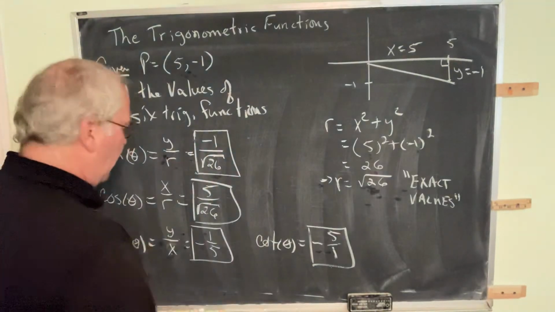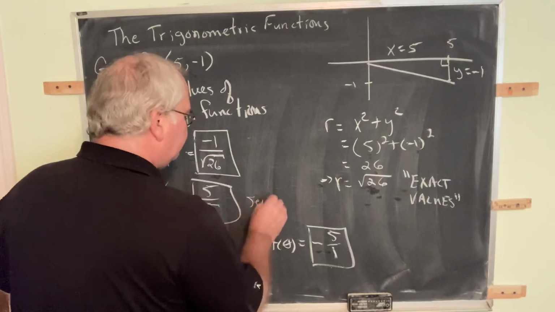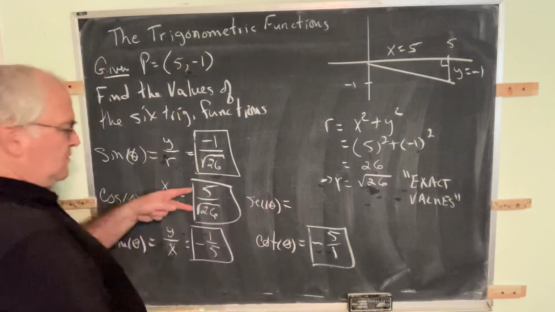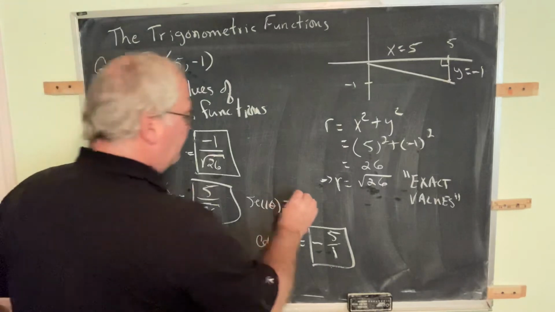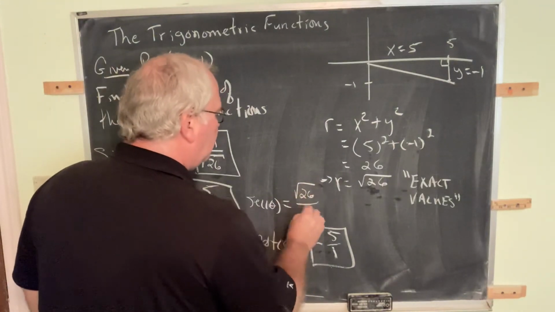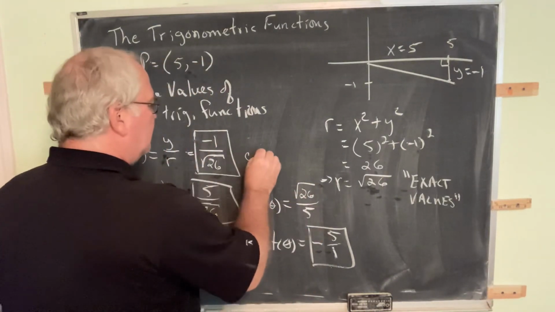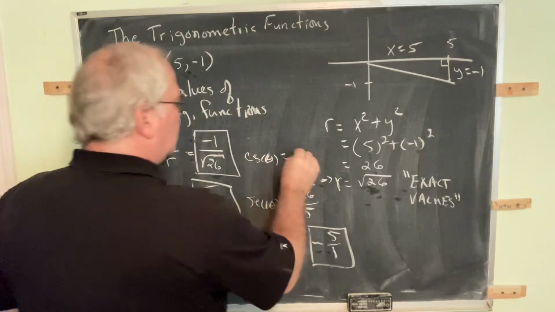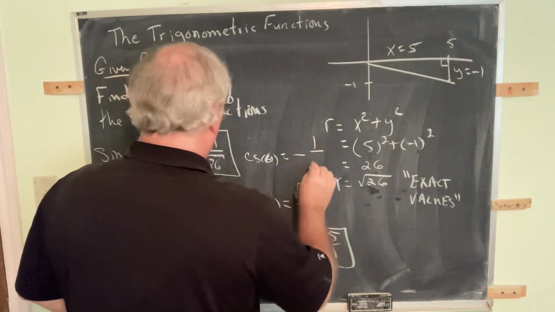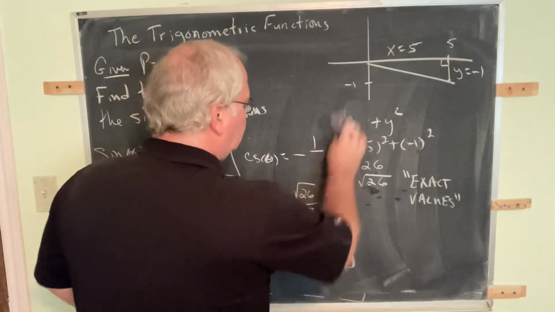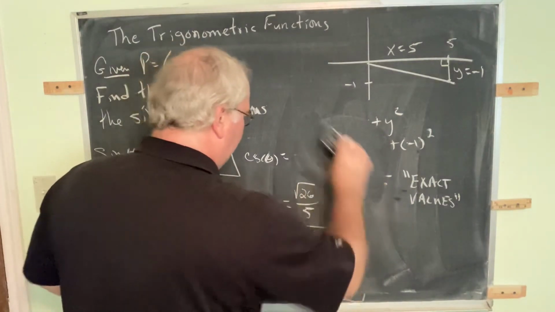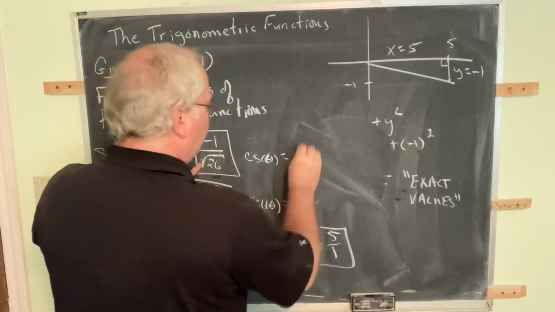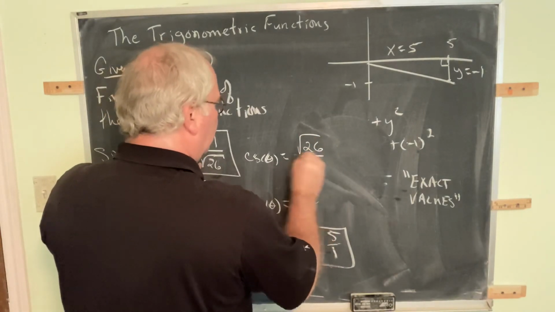All right, so what's next is secant. Secant is the reciprocal here, so just form the reciprocal of the fraction. And cosecant is the reciprocal here, so I want square root of 26 over negative 1.